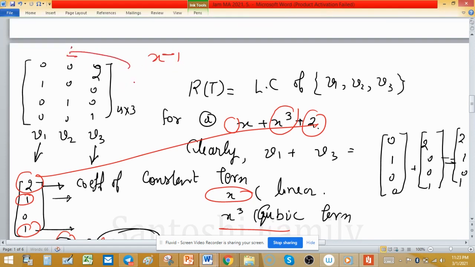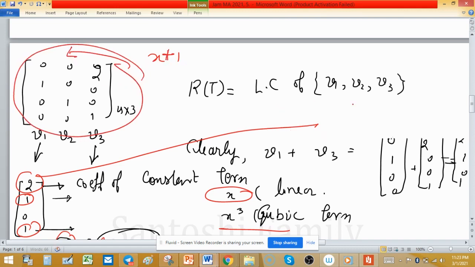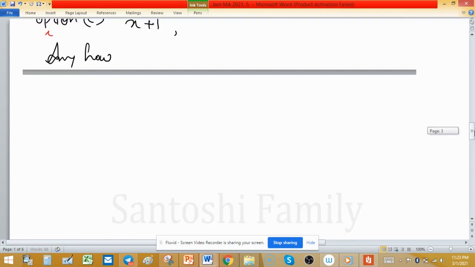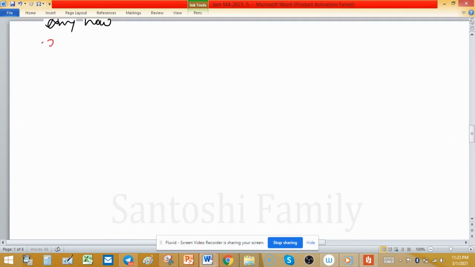But we can't express x plus 1 as a linear combination of the columns of this matrix. So x plus 1 is not in the image of T, meaning range T. Now similarly you can check for option D. So option D is also not in the image of T.